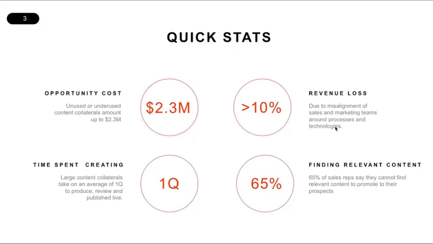All of these generally take a really long time. And the field reps, partners, and customers spend about 65% of their time trying to find the relevant content, and are unable to find some of this content in most cases.